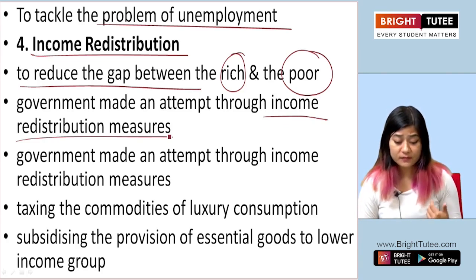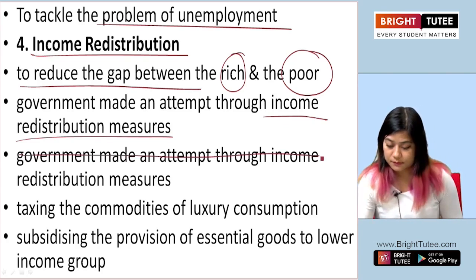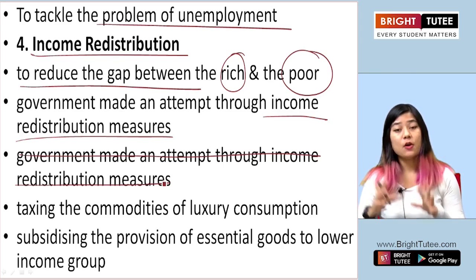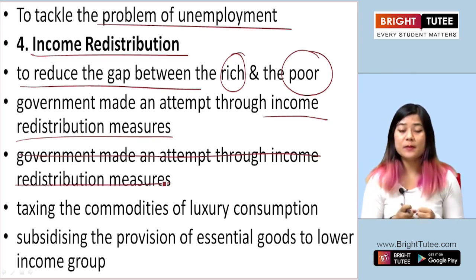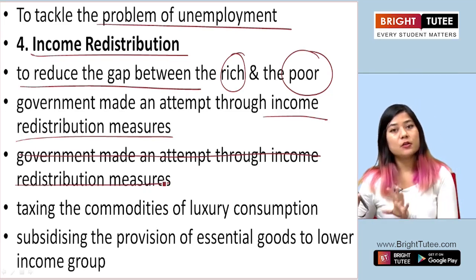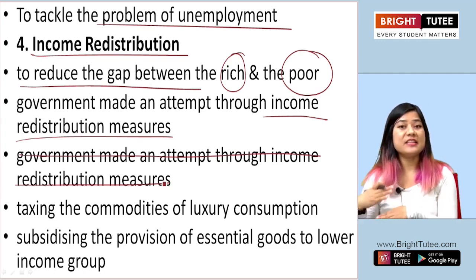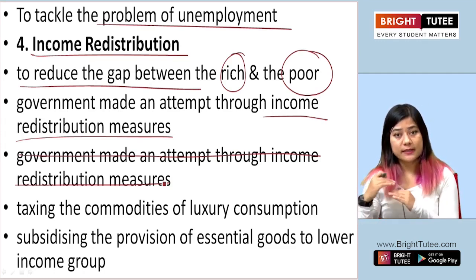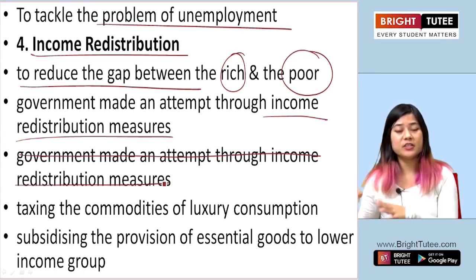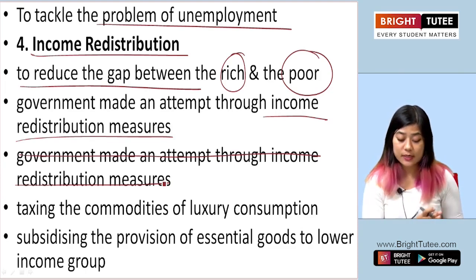The government sees which people earn a certain amount of income and which group of people cannot earn the basic monthly income which has been kept as a limit, under which you will be put in the category of below poverty line, right? We did this in the earlier section.